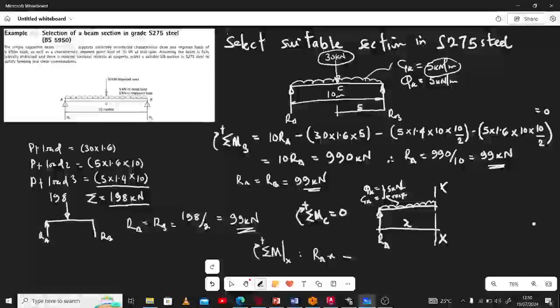Okay, having done the first one, we have dead load to be 5 and live load to be 5, uniformly distributed load on that beam. So we have 5 kilonewton per meter multiplied by the factor, which is 1.4 for dead load, multiplied by x, which becomes a point load, then x over 2 to x.